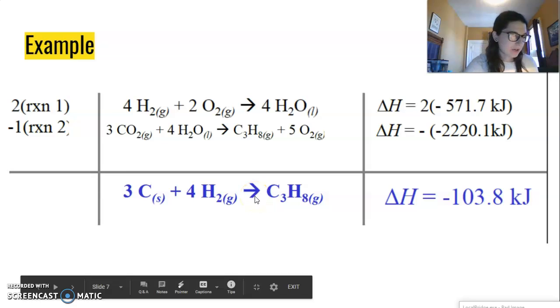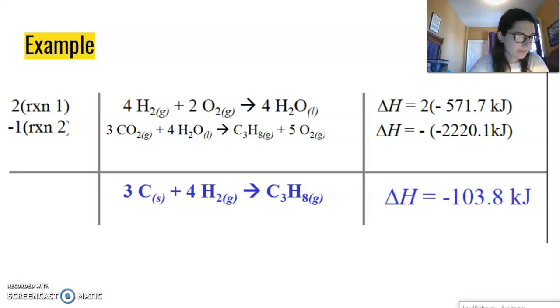So then looking at reaction 3, which is carbon solid plus O2 yielding CO2. I do want my CO2s to cancel, so I would want a coefficient of 3. I also want a coefficient of 3 for my O2, because right now I have this 2 canceling out this 5 to be 3, so I would want 3 O2s on the reactant side.